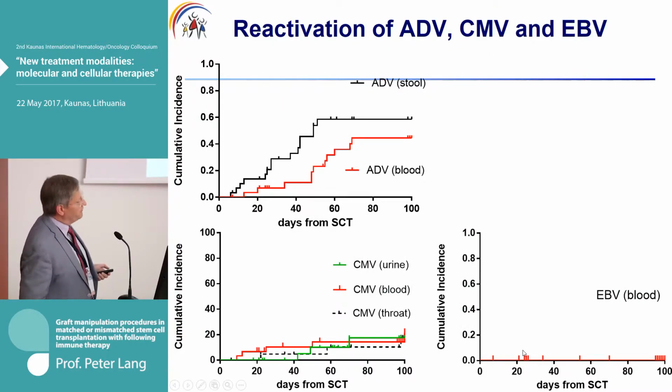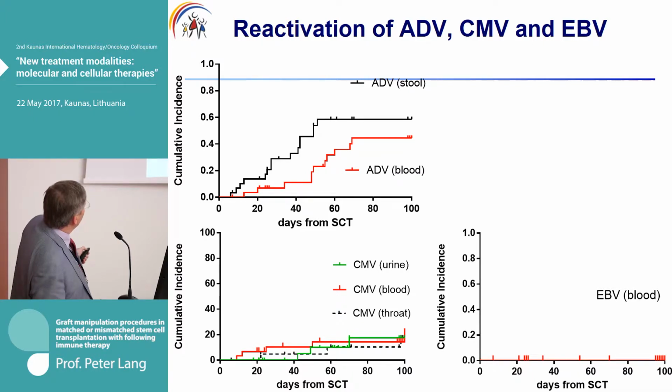This is the reactivation rate of adenovirus, cytomegalovirus, and EBV. The most frequent reactivation was adenovirus in stool, which is a typical problem in pediatric patients. However, the frequency of reactivation in blood was lower because of a preemptive therapy.